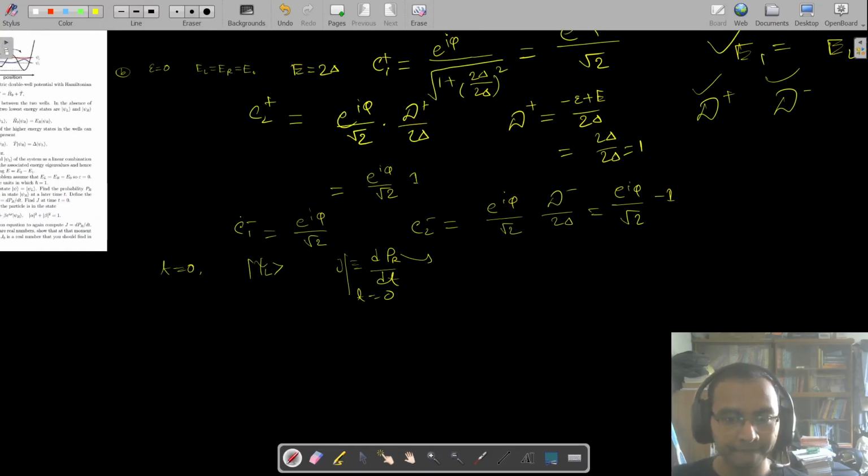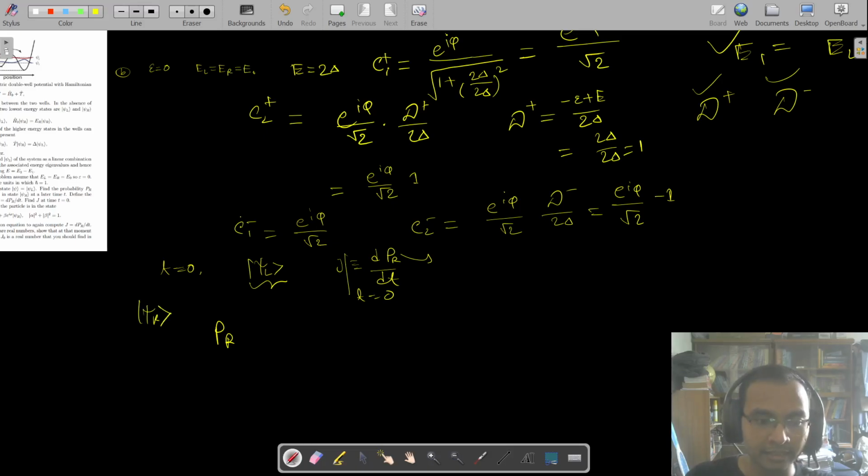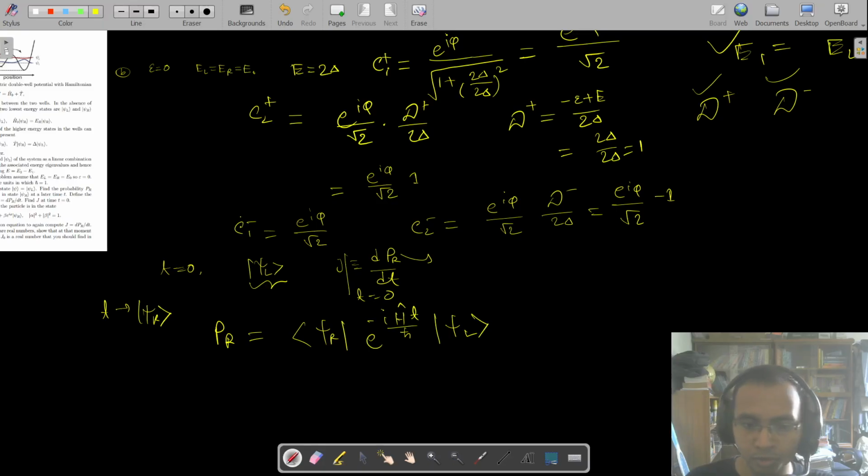So if we want to find out PR, which is the probability for this initial state to be in the state psi R at a later time t, then this PR is given by this. Now this is the probability amplitude. We get the probability by taking the mod square.